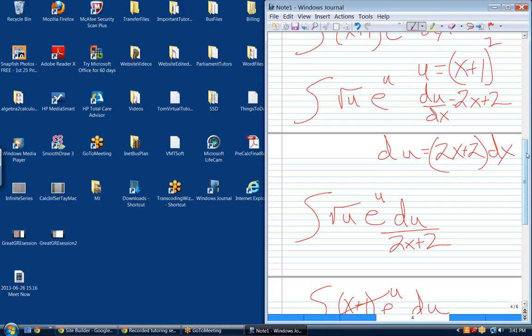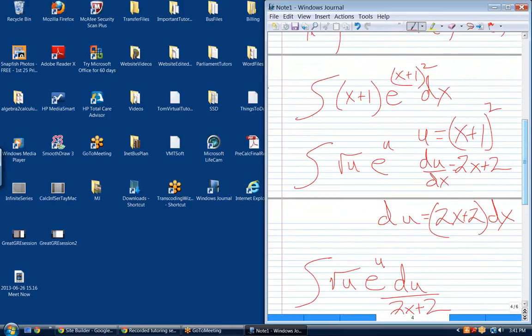Well, if I look back at my original integral, I'm looking at that. There's the x plus 1, there's the dx. So if I find that, I can substitute du for it. Well, in reality, it's x plus 1 times 2.